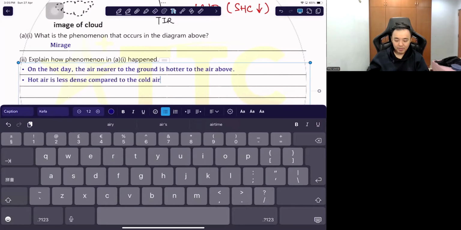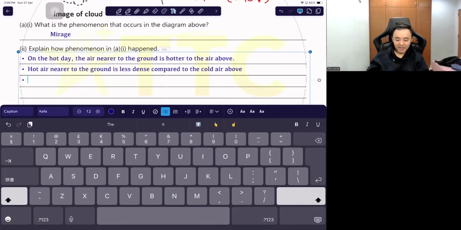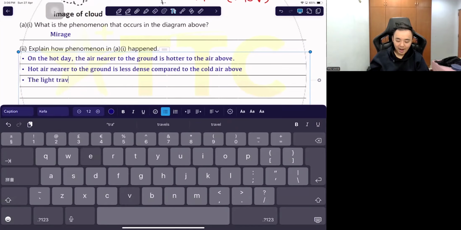The hot air nearer to the ground is less dense compared to the cold air above. Second, settled. Third, we say the light travels from the cloud, from the denser cold air to the less dense hot air.